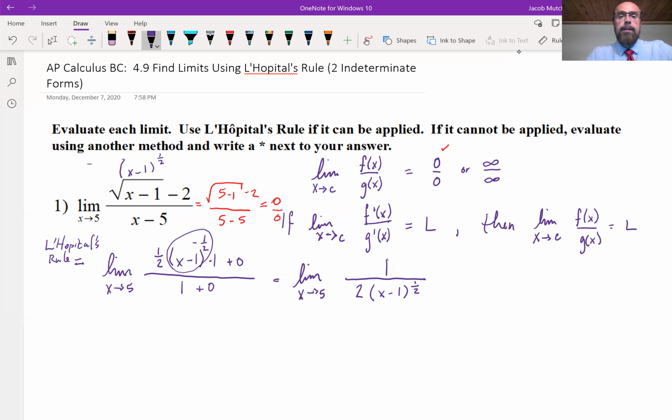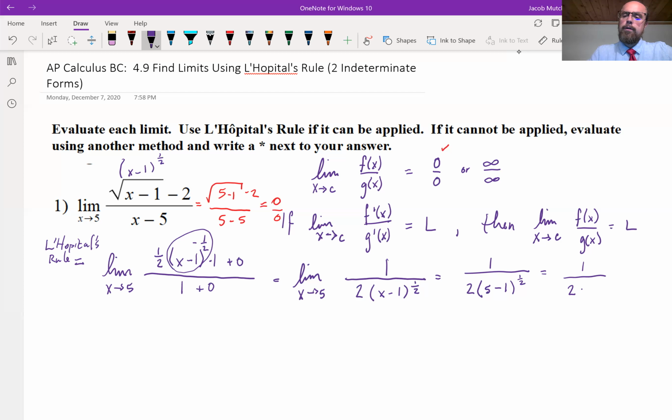And at that point, we can try direct substitution again. So I see that my x value is 5, so I'm going to plug it in: 1 over 2 times parentheses 5 minus 1 to the power of 1/2. And recall that power of 1/2 is the square root, so that's really 1 over 2 times the square root of 5 minus 1.